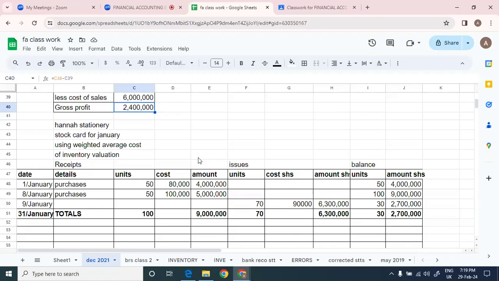Residue value or the scrap value. The way we normally say it is cost minus scrap value divided by useful time. We shall look at all of those ones.